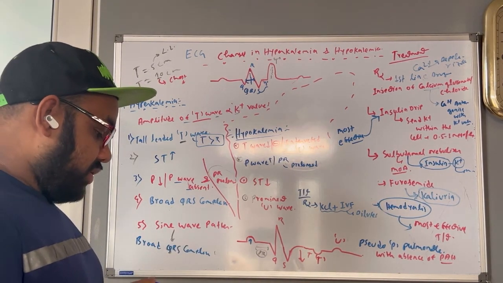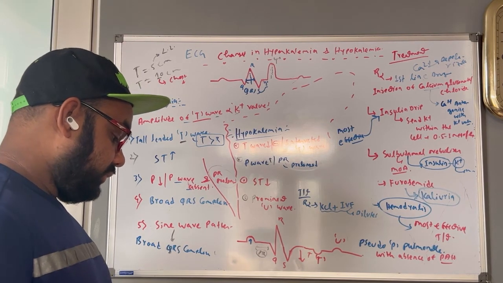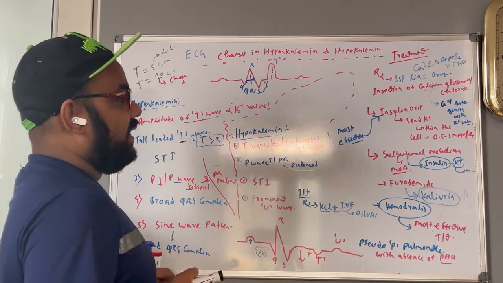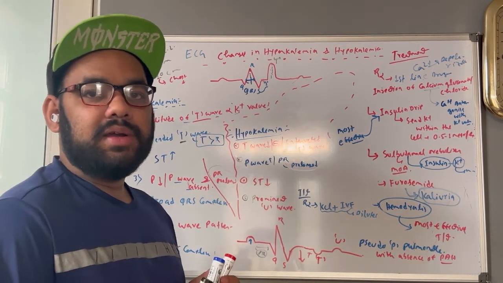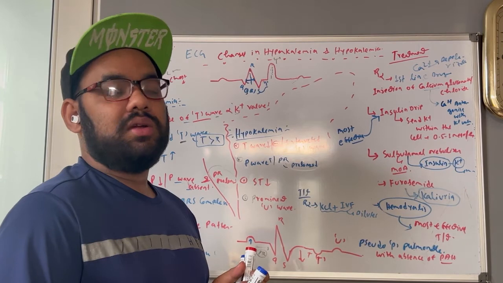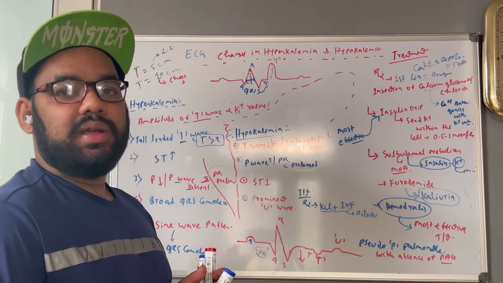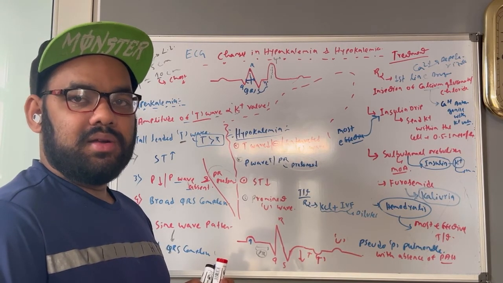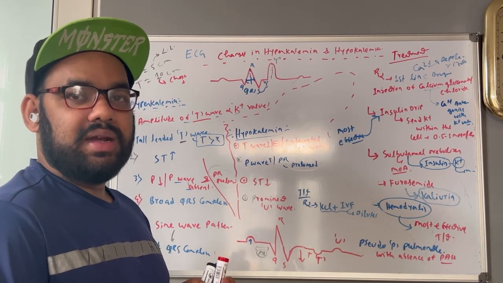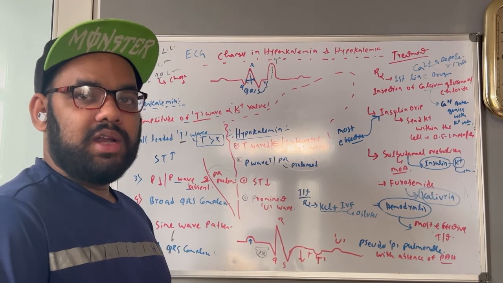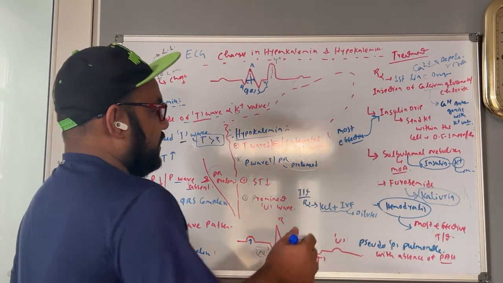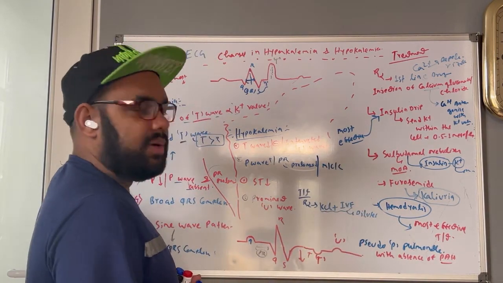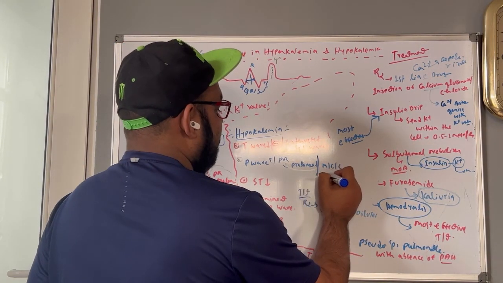Apart from that, one more most important thing. In hyperkalemia, the most common cause that can lead to death is diastolic arrest. Whenever the potassium value is more than 8 mEq/L, that will cause diastolic arrest, which can cause death. But in hypokalemia, the most common cause of death is diaphragm paralysis.